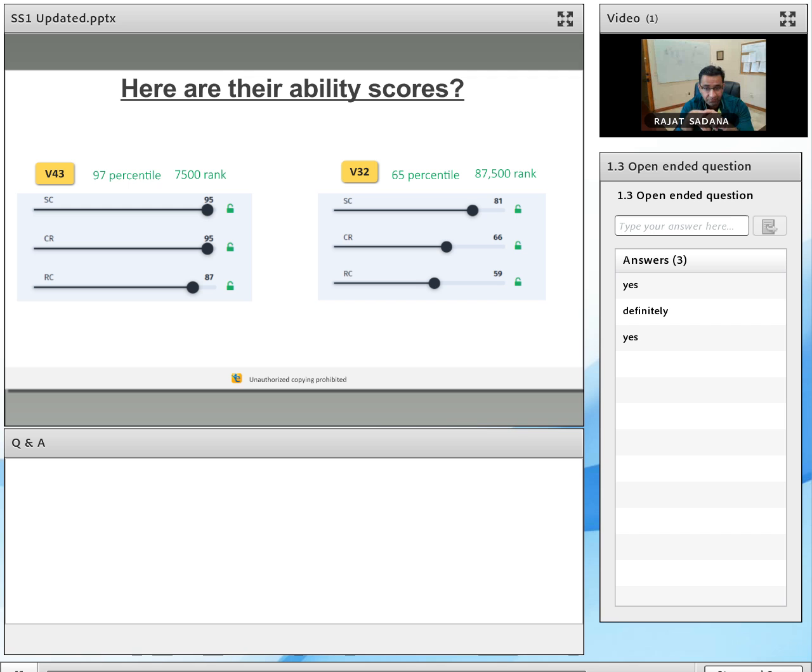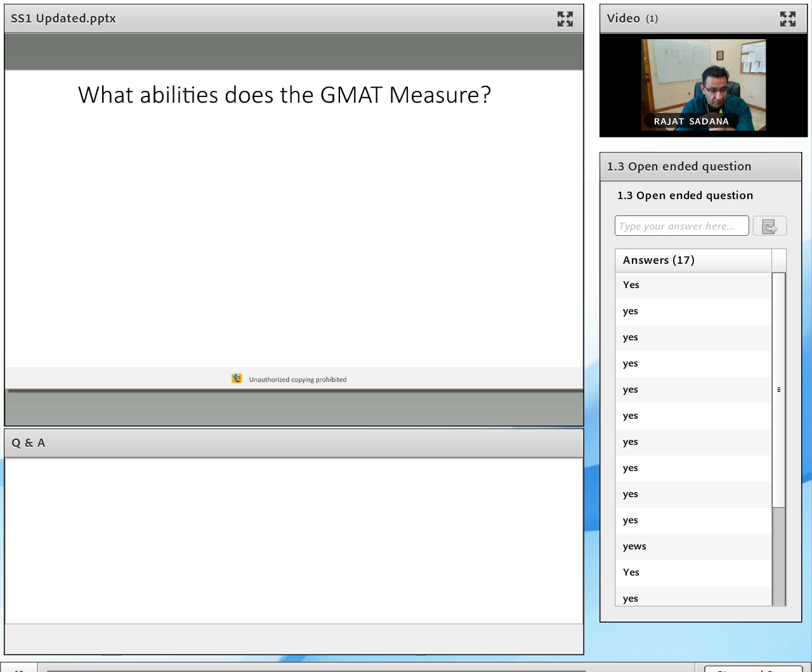Do you see the difference? That's what the GMAT looks at. It doesn't care as much about the number of mistakes you made. It cares about on what difficulty level of questions you made a mistake. A recorded version of the ESR analysis session, I can definitely give it to you. Just remind me towards the end of the webinar.